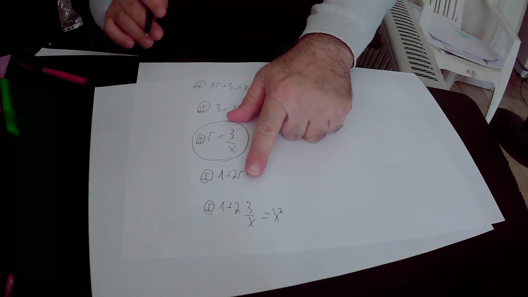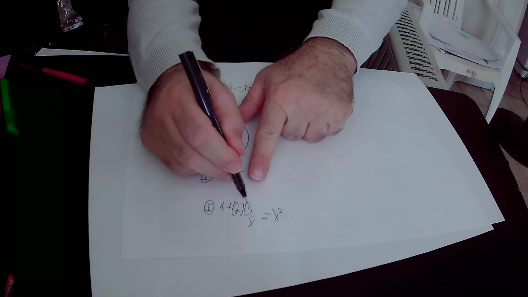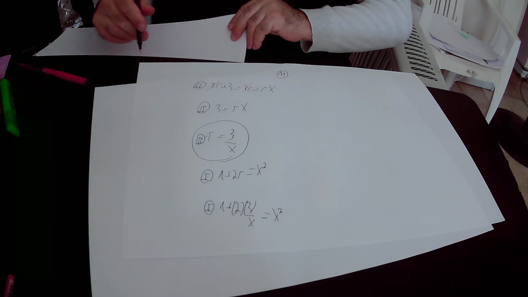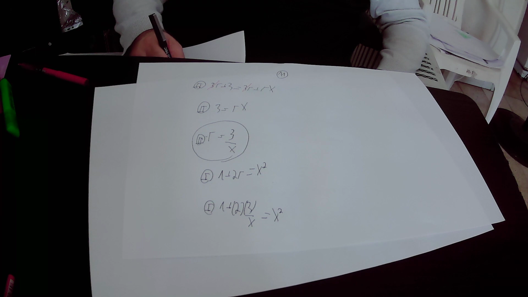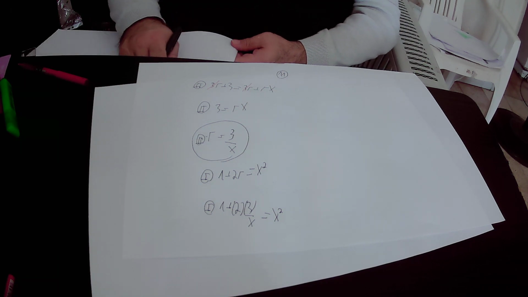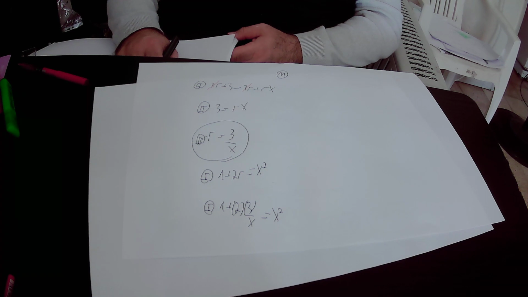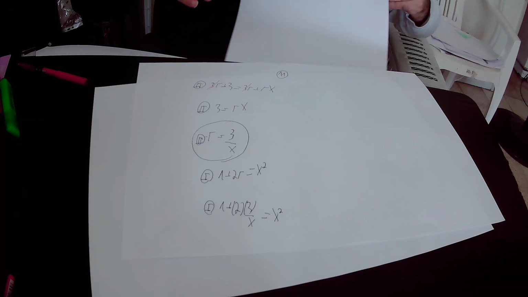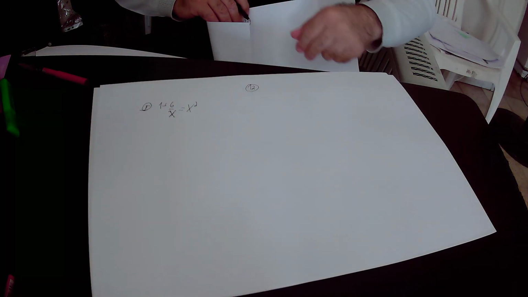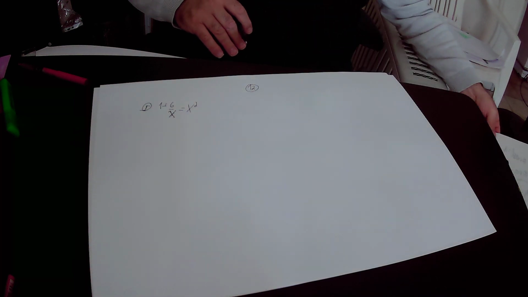Here 2 times 3 is 6, so we write it down. One plus 6 over x equals x squared. So that's what we got here: 1 plus 6 over x equals x squared.